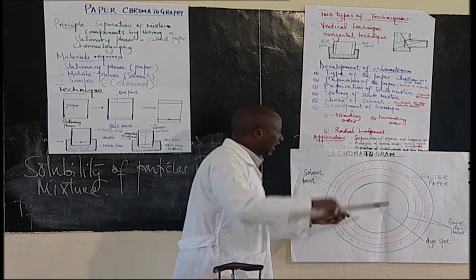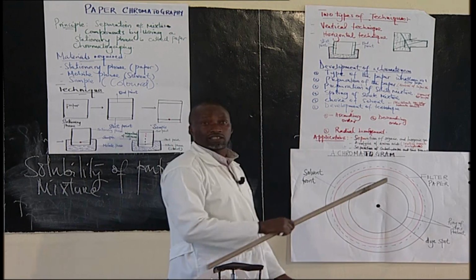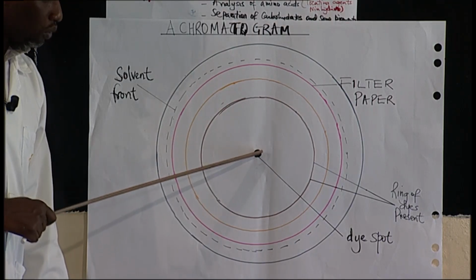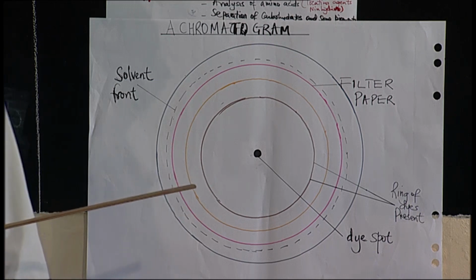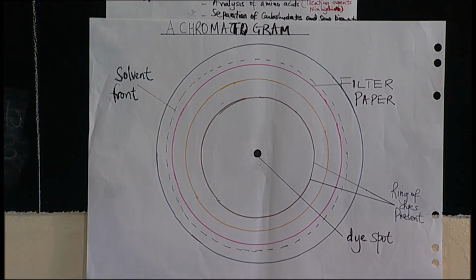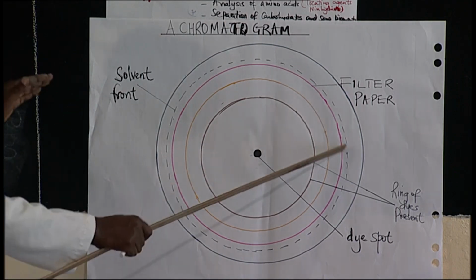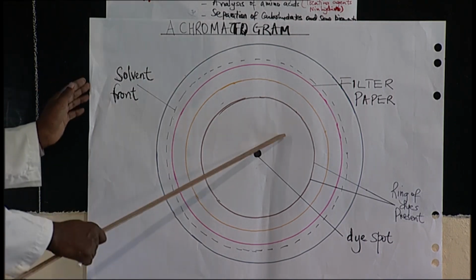When you put the ink with the solvent, the mobile phase, the filter paper is the stationary phase, and you have the substance to be separated. Then you add there the mobile phase. So the solvent will move with the different solutes and will form rings. This is what we call the radial technique or the radial development technique.